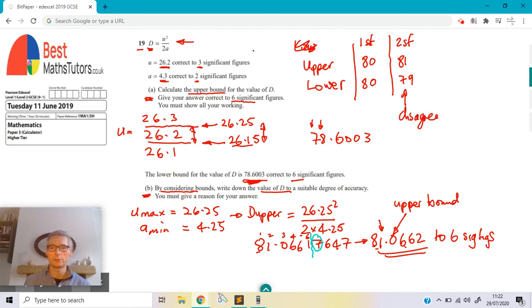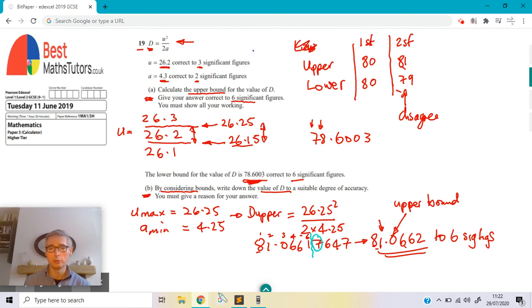So we don't know which one of these is correct. For us to write 81, we couldn't be sure that was correct, and equally we couldn't be sure that 79 was correct. We'd be implying we knew it more accurately than we really did.